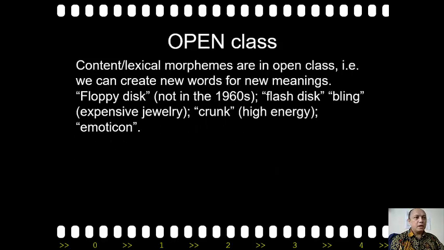Now, I promised you that I'm going to explain open class. Open class is the content or lexical morphemes, meaning that we can create new words for new meanings. For example, in the 1960s, when I was still a very small boy, there was no word floppy disk. Nobody said floppy disk.